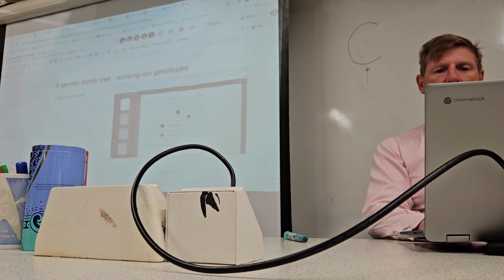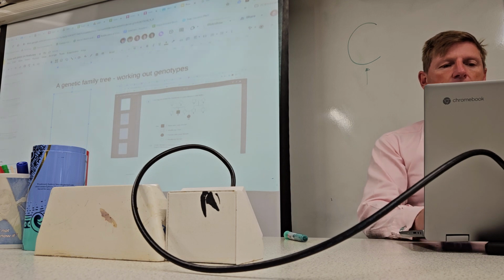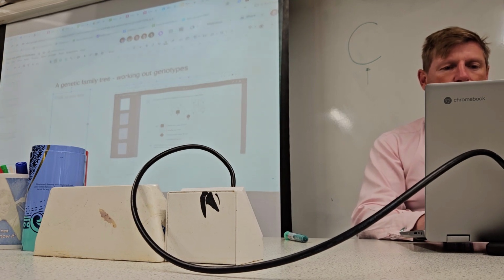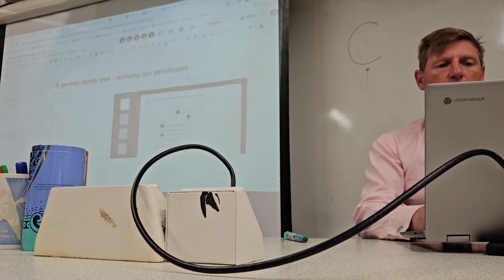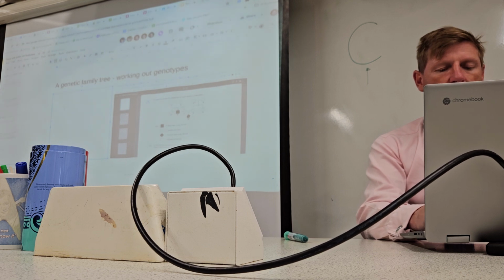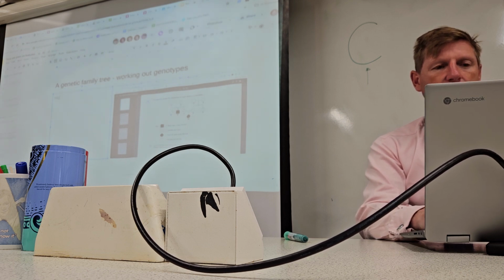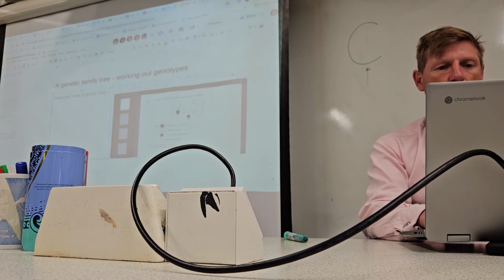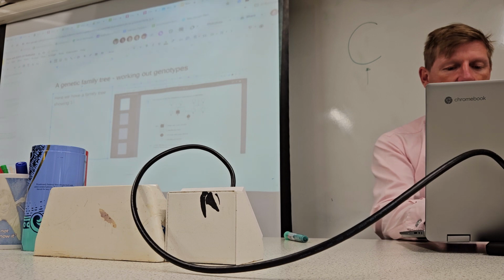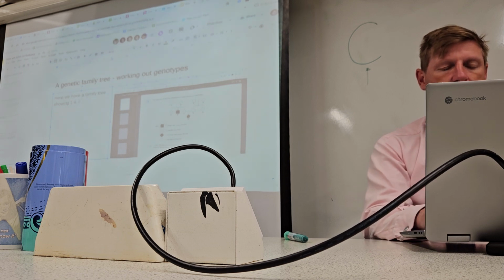Has everyone got that appeared in there, yeah? Right. So I'm going to just write the following. Here we have a family tree showing 1 and 2 having children.